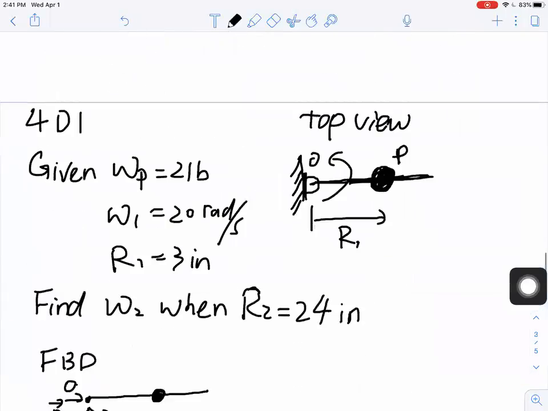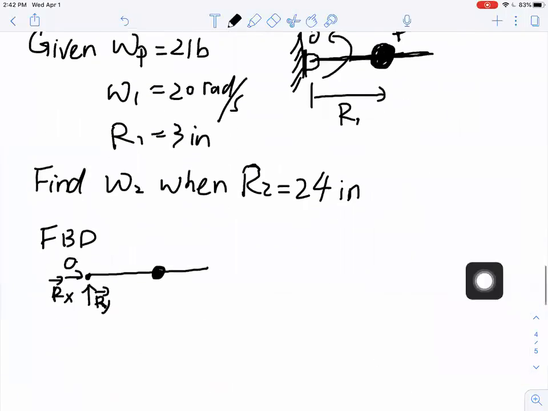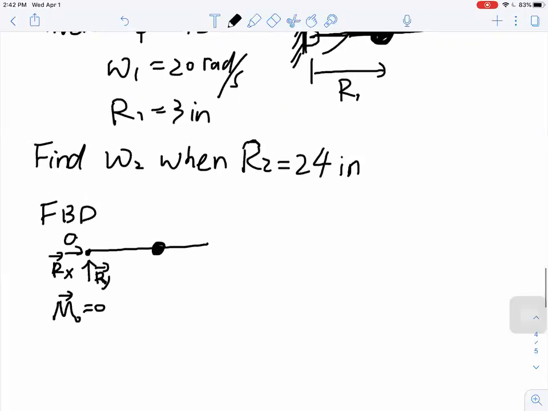In this example, the only two forces we have, Rx and Ry, are pointing into the fixed point O. So that tells us the moment about point O is 0. Those are central forces, and that means we have conservation of angular momentum.